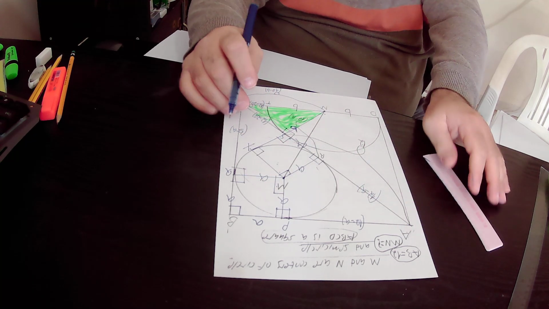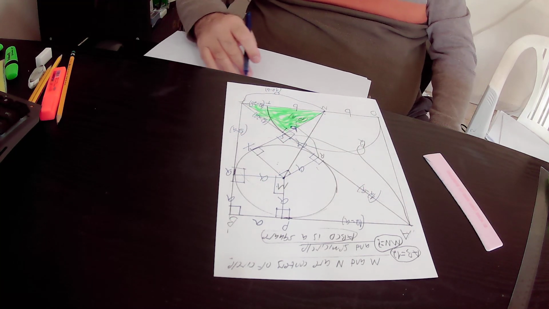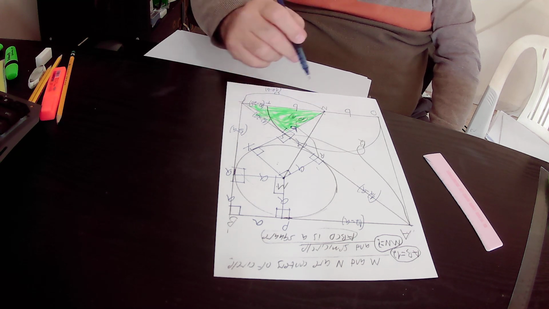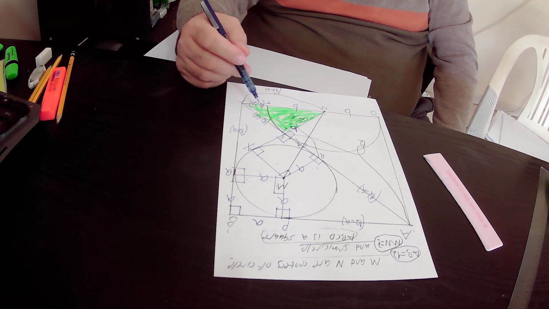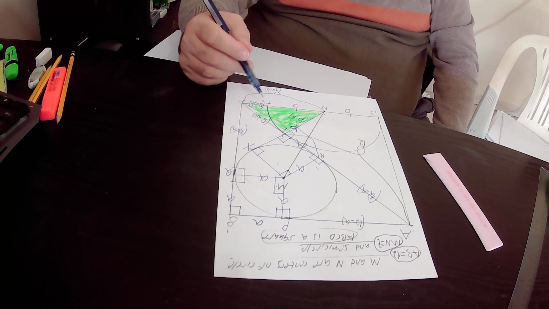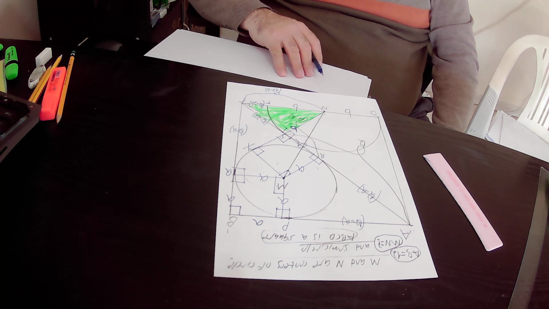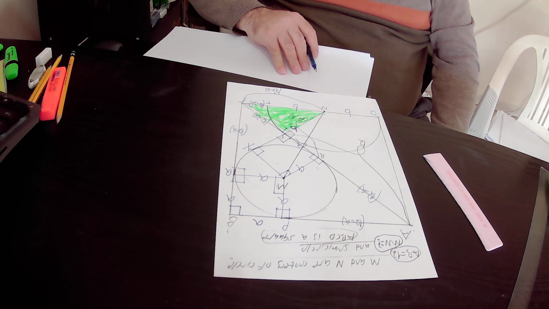So we actually found out that all the angles inside quadrilateral RMSX are right angles. It has four right angles, and any quadrilateral that has four right angles must be at least a rectangle.